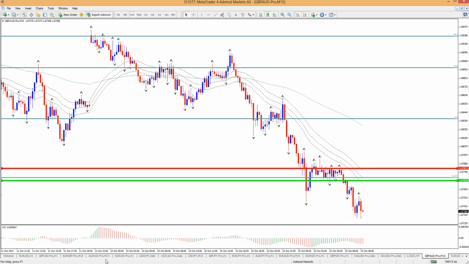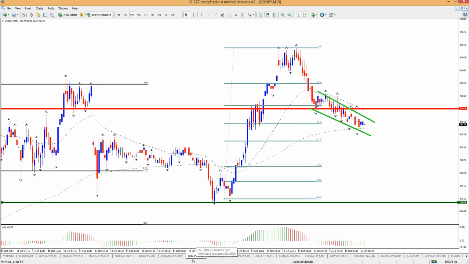Pound dollar is definitely in indecision at the moment. Okay, I'm just keeping an eye on this dollar yen.